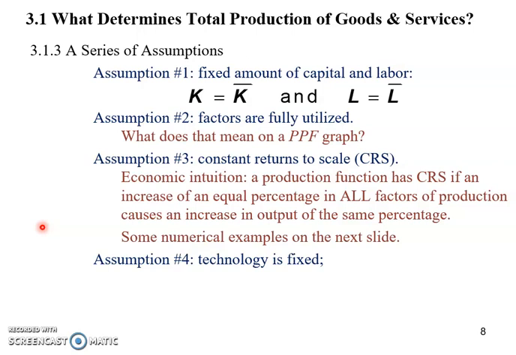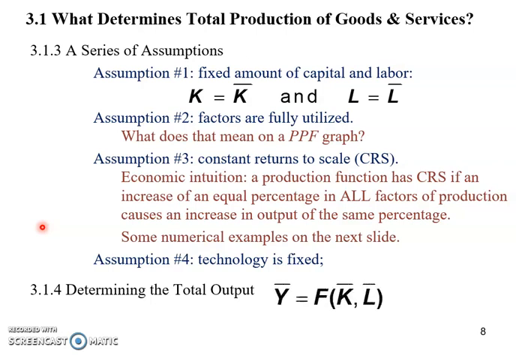Now, on the basis of these four assumptions, we could draw our conclusion about the aggregate supply of all goods and services, or total output. It's going to be like this. Again, we're showing you the most general form of it. You see this function f, and in the parentheses, K bar and L bar, which, as the first assumption demonstrates, are fixed.